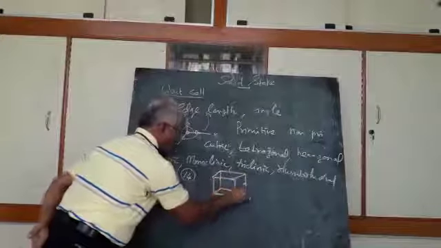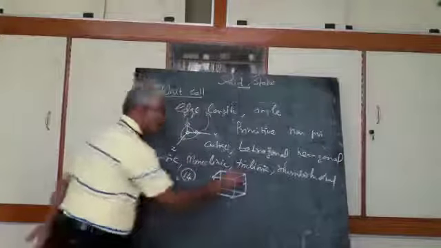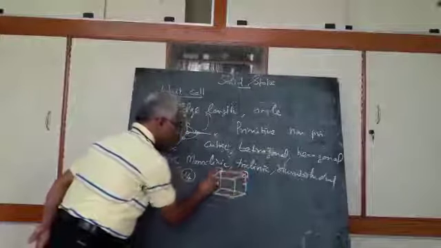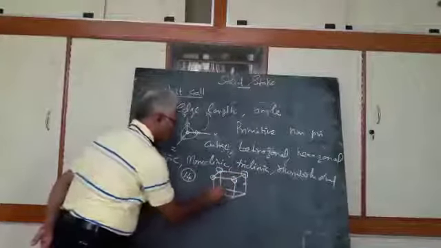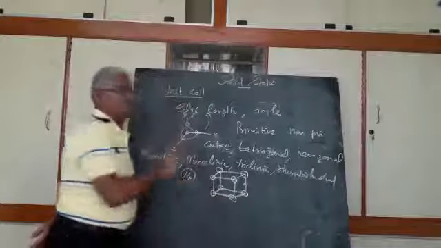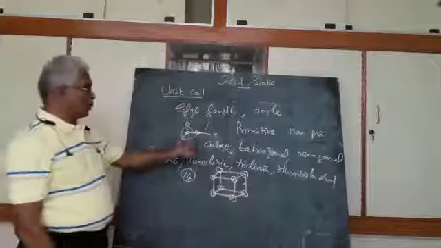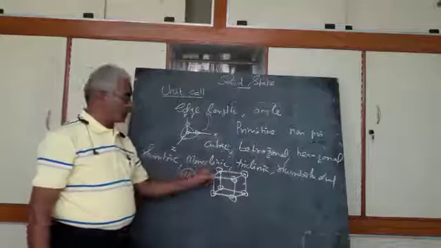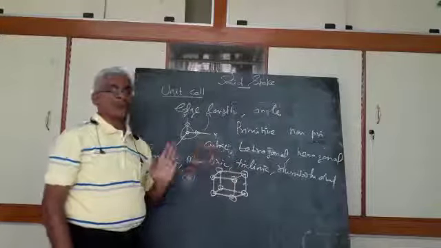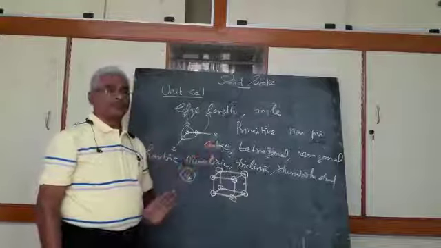If atoms are present at the 8 corners, these are called the corner atoms. This is cubic shape. Atoms are present only at the corners, so this is primitive, simple cubic.